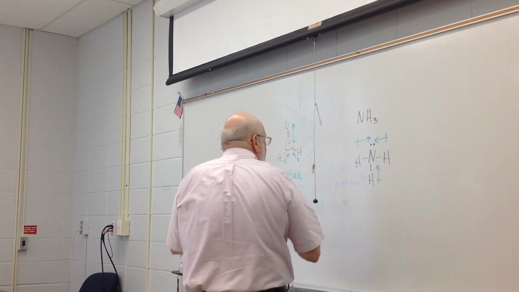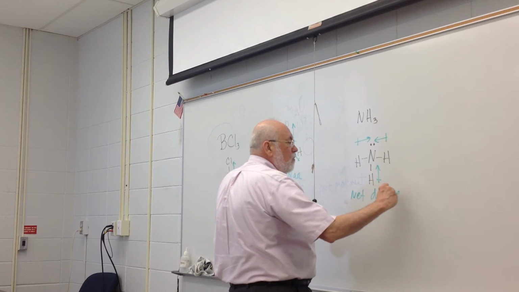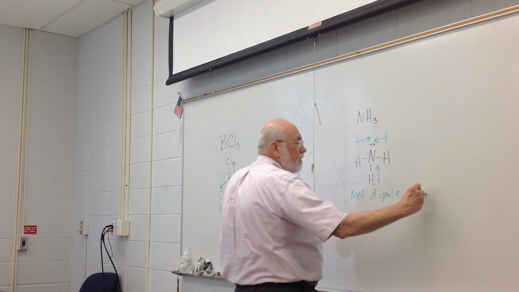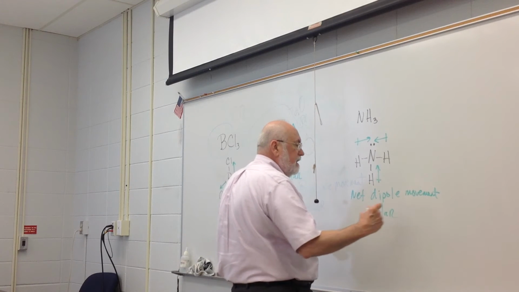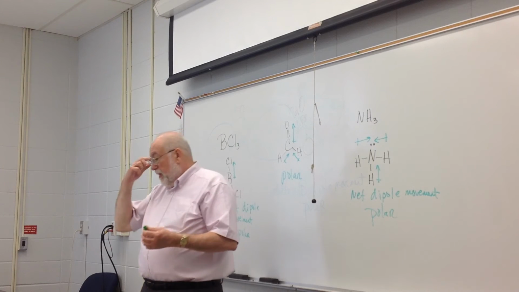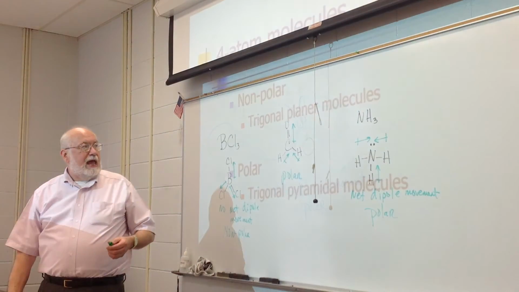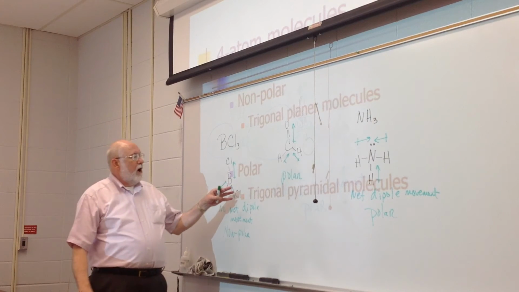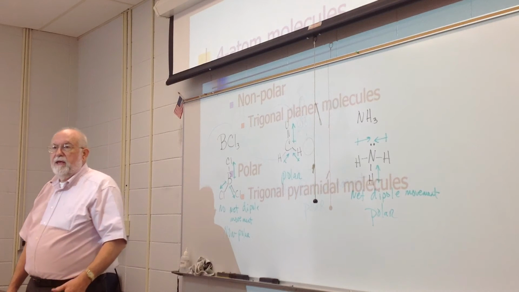And so here we have net dipole movement. And therefore we have a molecule that is polar. A polar molecule. All right? So that's pretty simple, is it not? So if we have a trigonal pyramidal molecule, it's probably going to turn out to be polar.